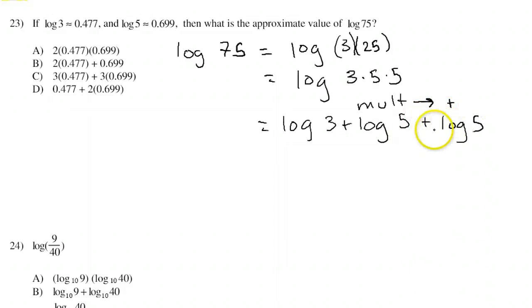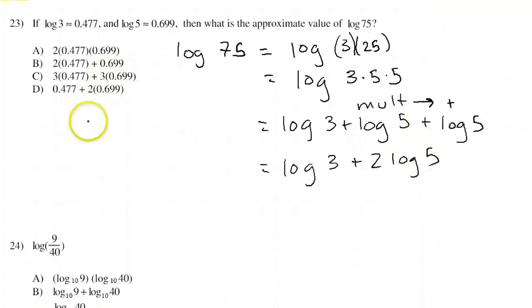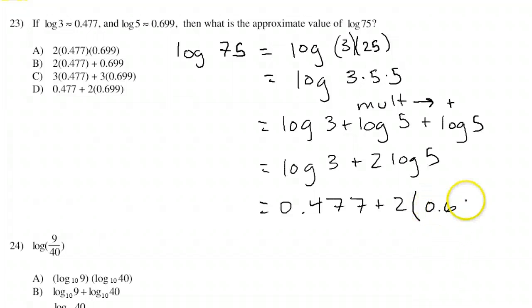Or another way of writing this, log of 5 twice, is log of 3 plus 2 times log of 5. And then we look at these problems, oh, we need the numbers, so all we got to do is take what's given to us and actually just substitute those in. So log of 3 we see as 0.477, and then I have 2 times log of 5, which was 0.699. And do we see our answer there? It matches up with answer D.